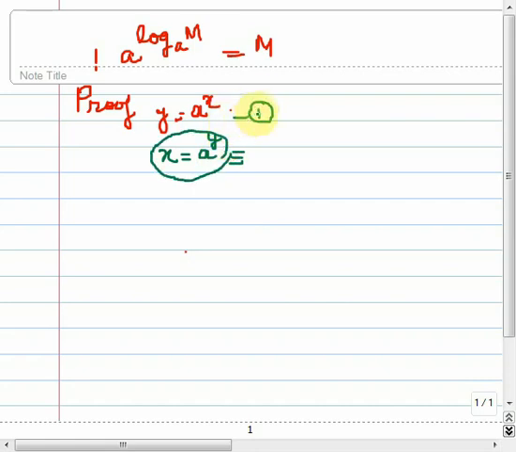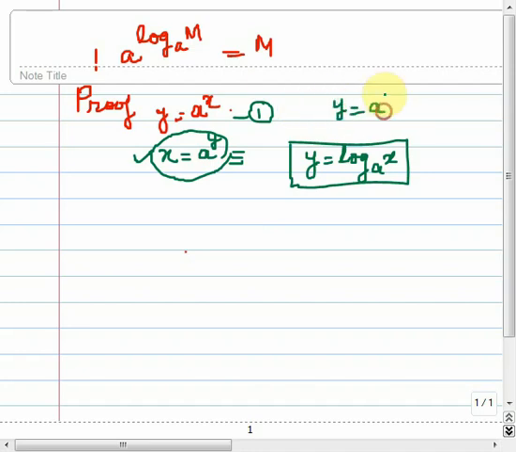As we have already studied, the inverse of this will be this function, and it is equivalent to y is equal to log x to the base a. So y is equal to log x to the base a is the inverse function of y is equal to a to the power x. Right? We have proved it here.